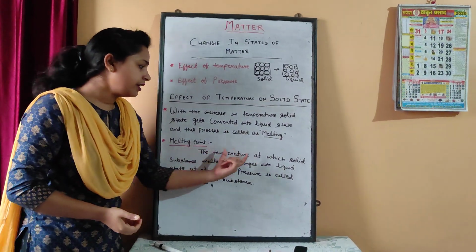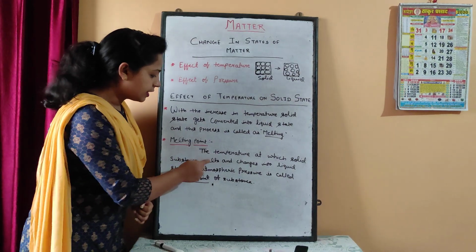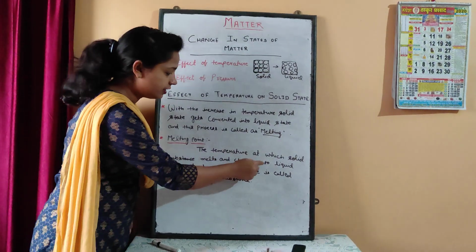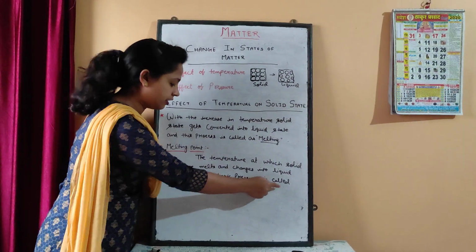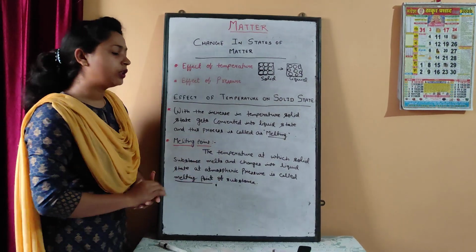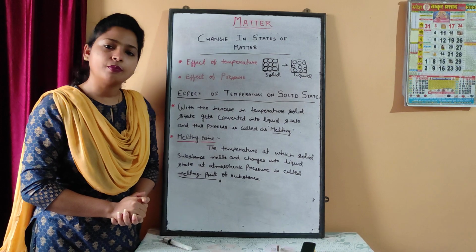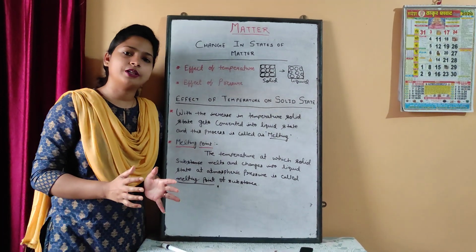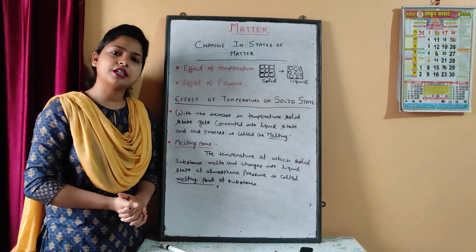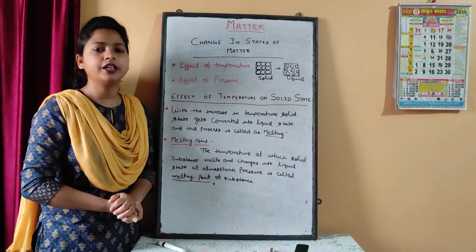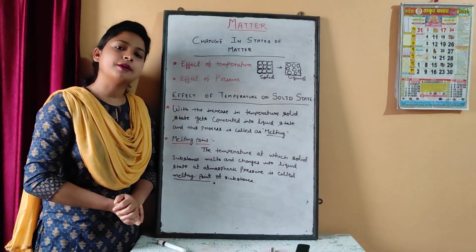The temperature at which a solid substance melts and changes into liquid state at atmospheric pressure is called the melting point of the substance. That is called the melting point.